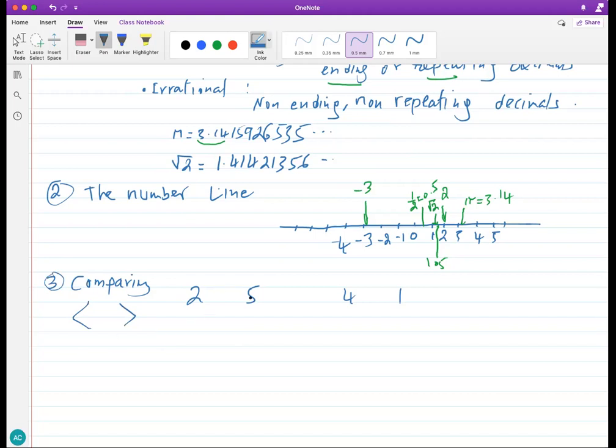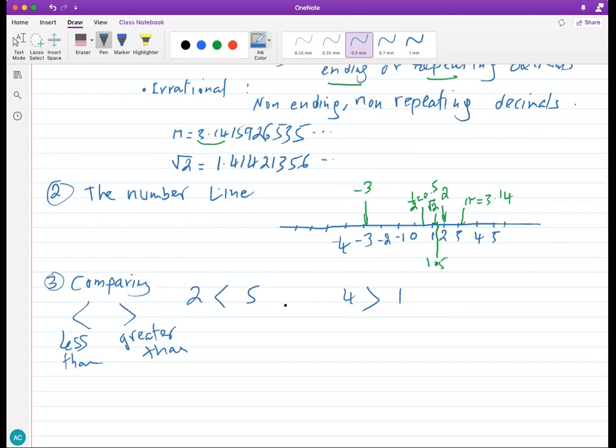Which symbol do you use for 2 and 5? 2 is, of course, less than 5. 4 is greater than 1.